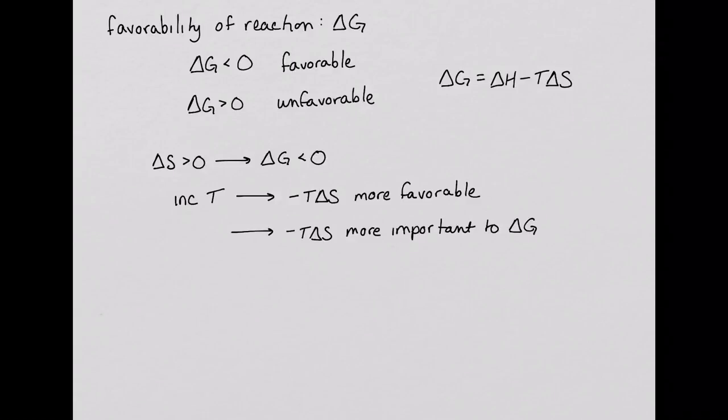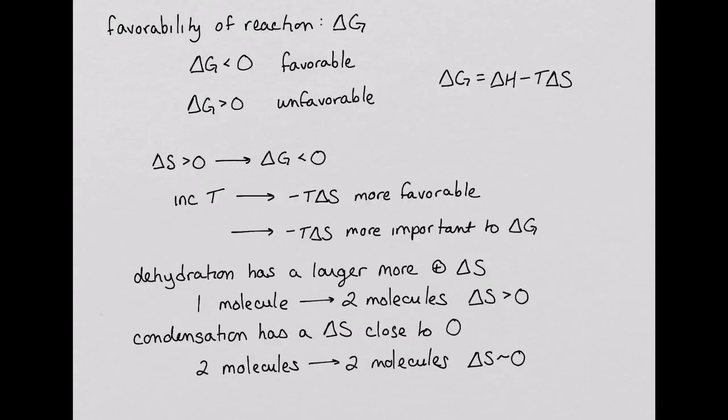This explains why dehydration becomes more favorable when the temperature increases. Remember that dehydration has a favorable, positive change in entropy, while condensation has a delta S close to zero. Therefore, as we increase the temperature, the positive entropy change for dehydration becomes more important, making this reaction favored over condensation.